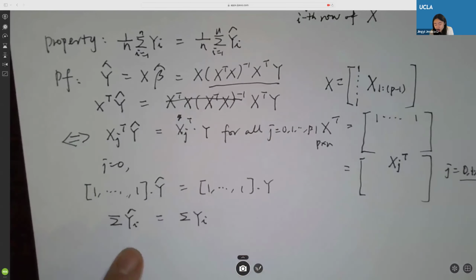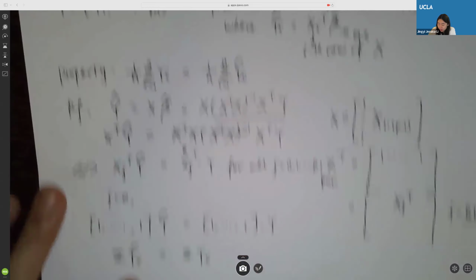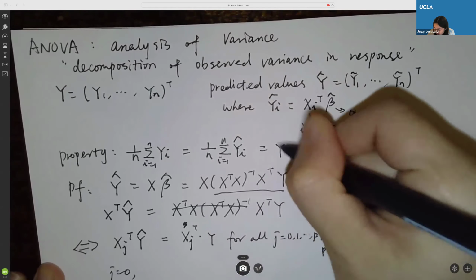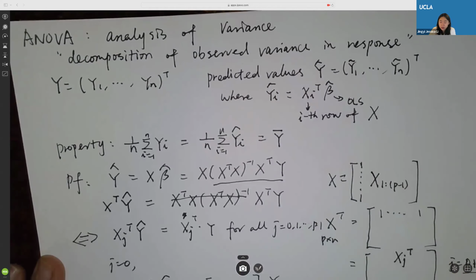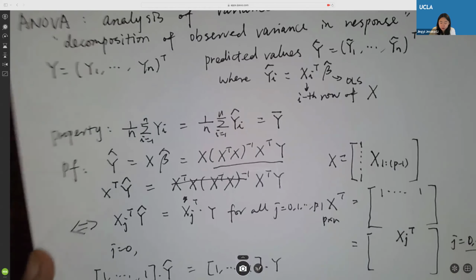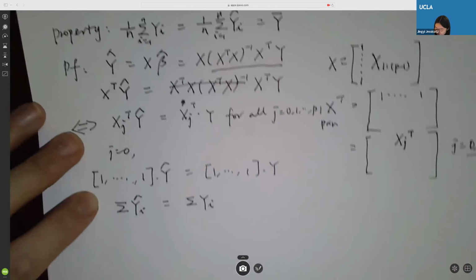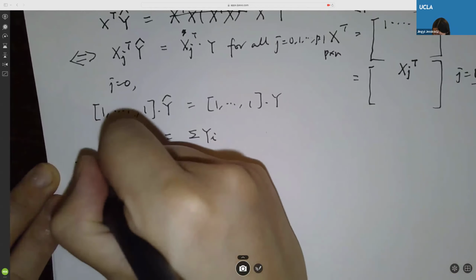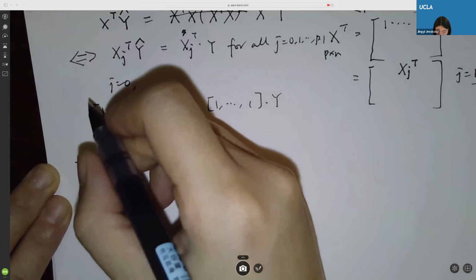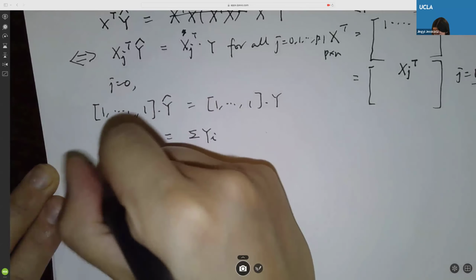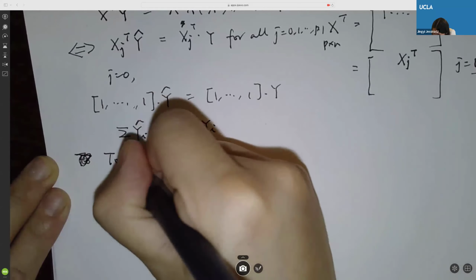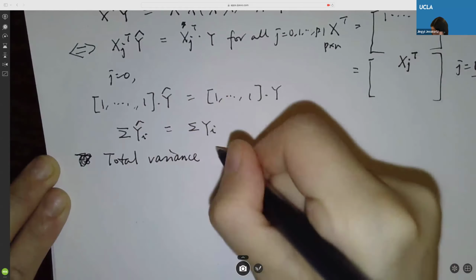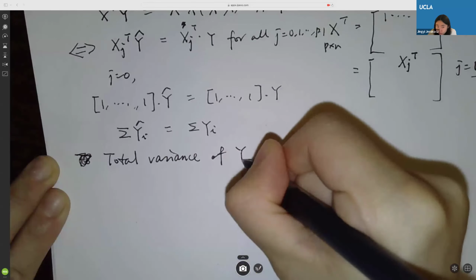Okay, and with this, which means that they have the same average, I could just call this common average y bar. And this is very, very important for my ANOVA because basically what this says is if I want to decompose the total variance of y, right?